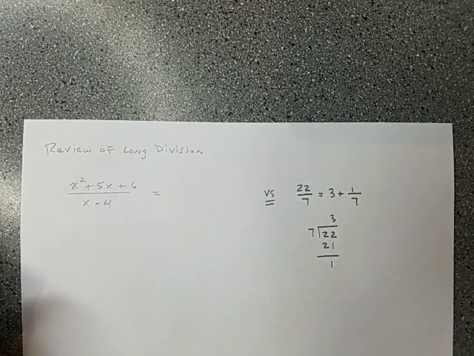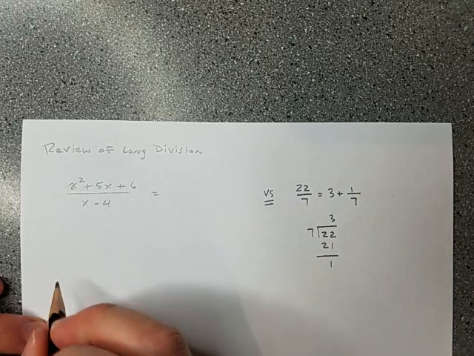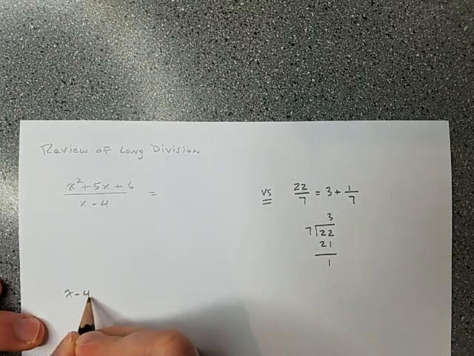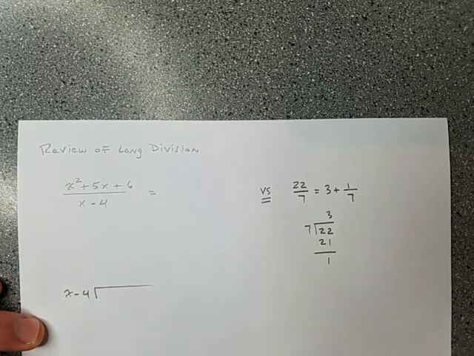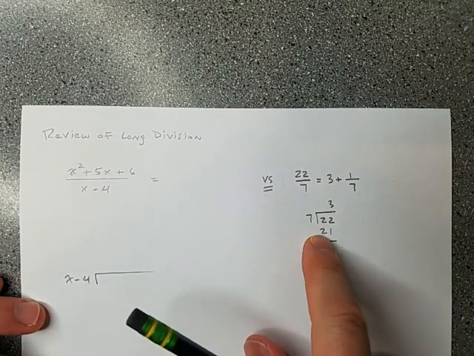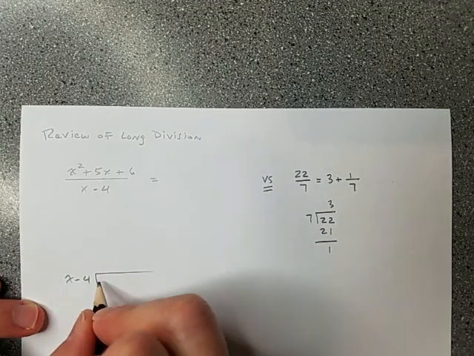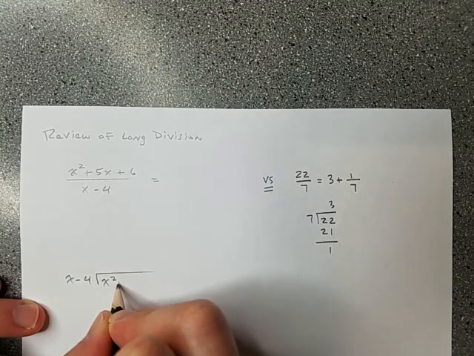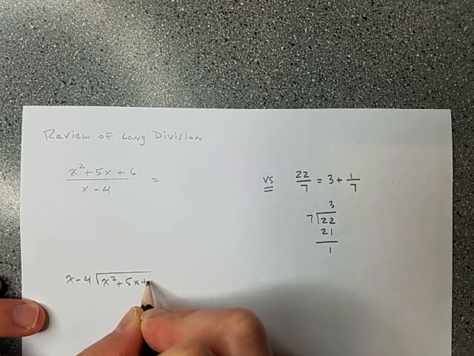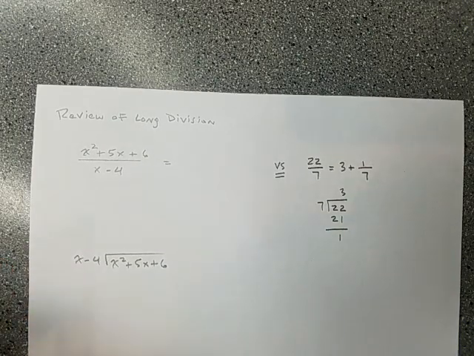All right, so here goes. We will do it like this. I'll take x minus 4, and I will divide into, in much the same fashion I did over there, x squared plus 5x plus 6. Okay, so the technique goes something like this.